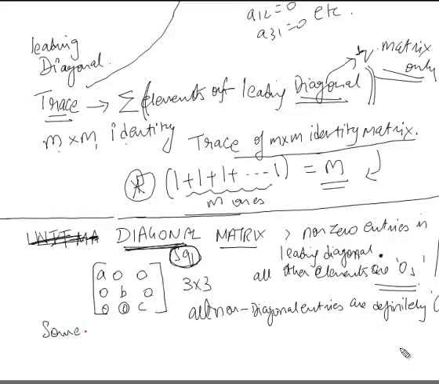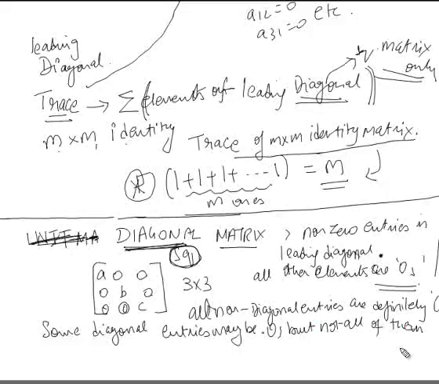Some diagonal entries, the words I am using are really important, please pay attention, some diagonal entries may be zeros, but not all of them are zeros. Correct?